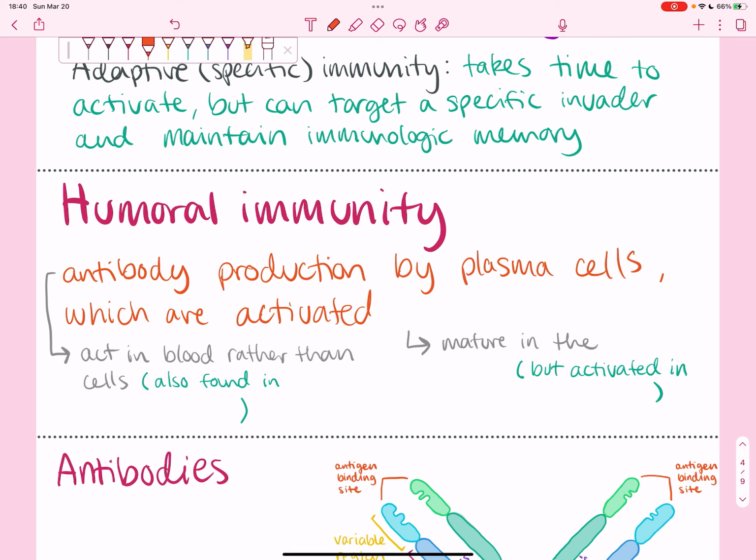Plasma cells are derivatives of B cells, which I have right here, which are activated B cells. Okay. So B cells mature in the bone marrow.